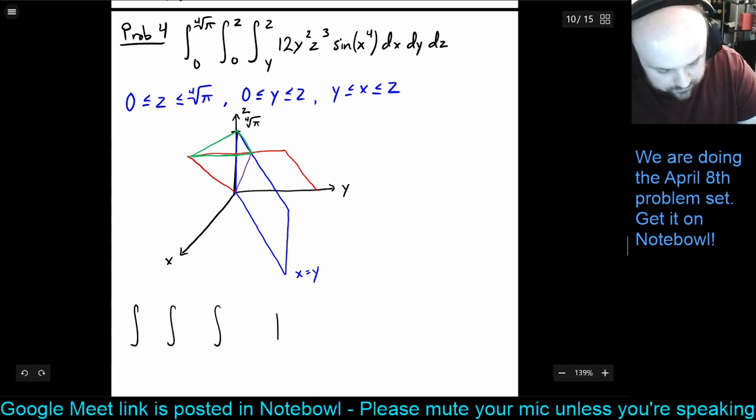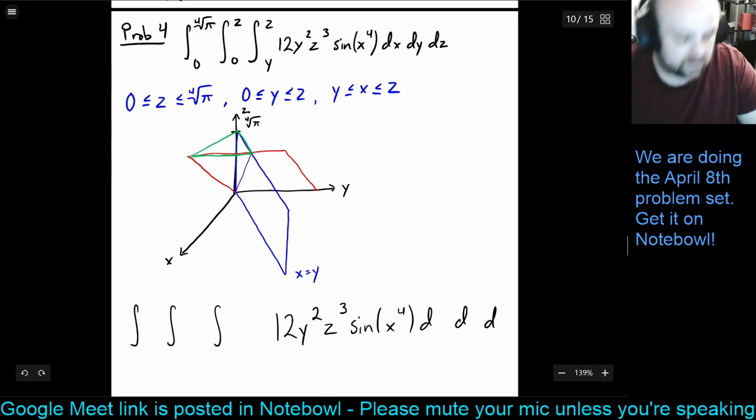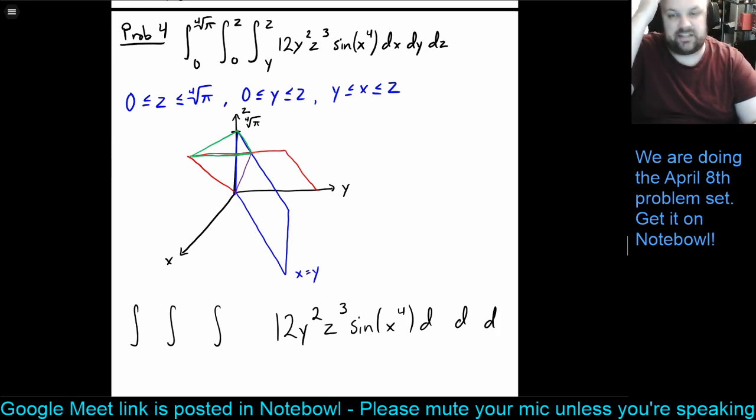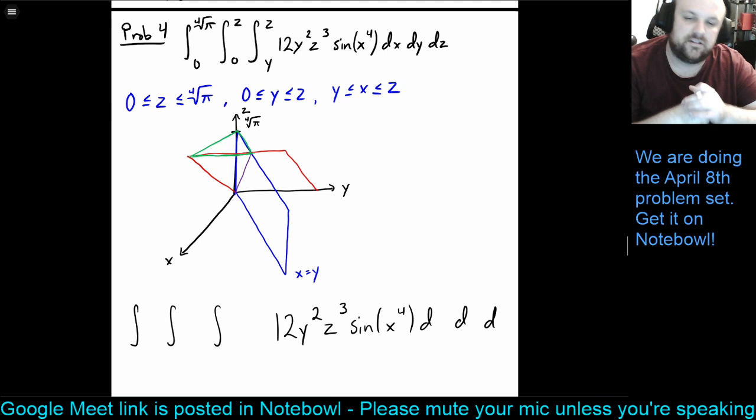But in some sense, it might just come down to a bit of experimentation to figure out which variable to integrate with respect to first.